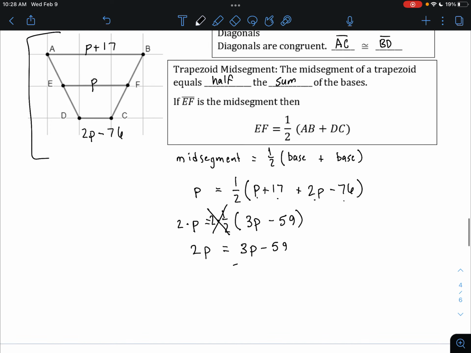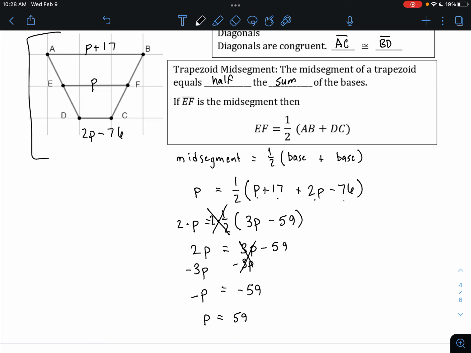Okay, so we should be taking away 3P from both sides. So we get negative P equals negative 59. Every time you have two negatives, where both values are negative, you can just drop the negative on both in this case. And that means positive P equals positive 59.